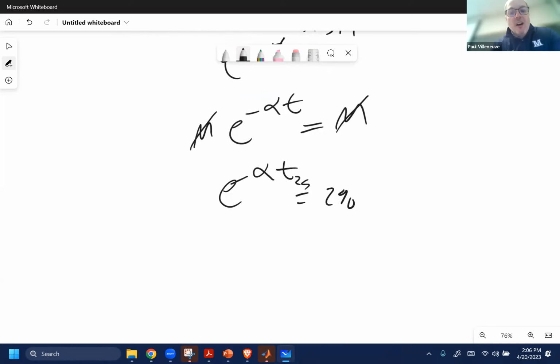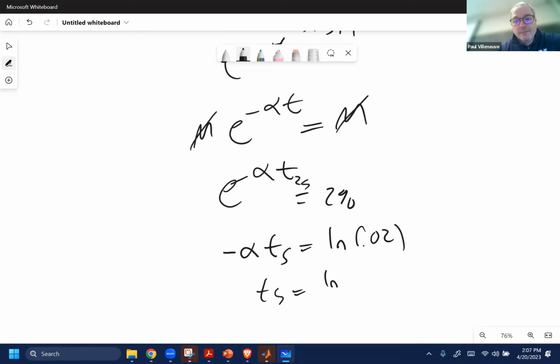So if I solve, minus alpha, and I'll just call this t settling instead of 2 t, is equal to the natural log of 0.02, because 2% is 0.02, right? And my settling time is going to be equal to the natural log of 0.02, minus, divided by alpha.